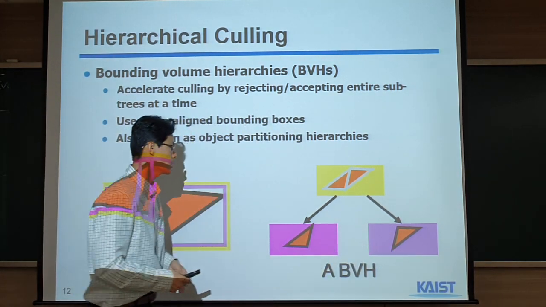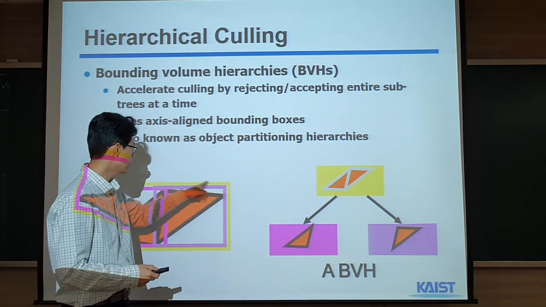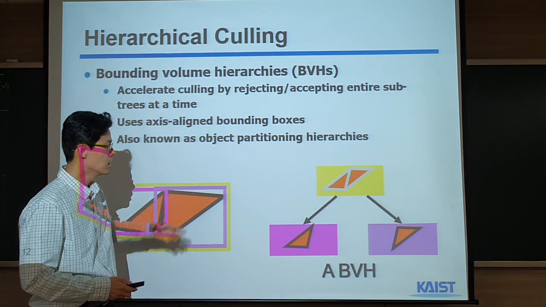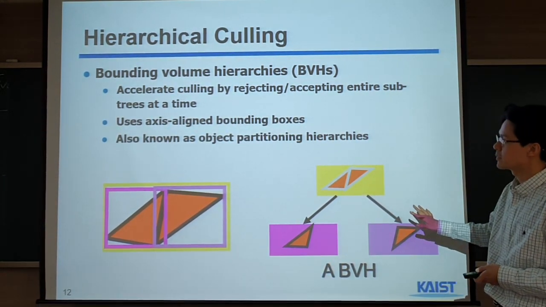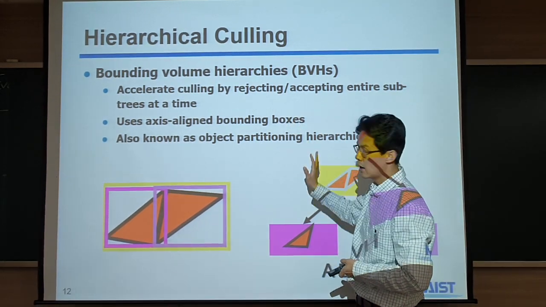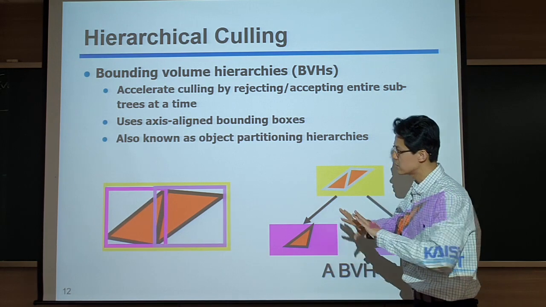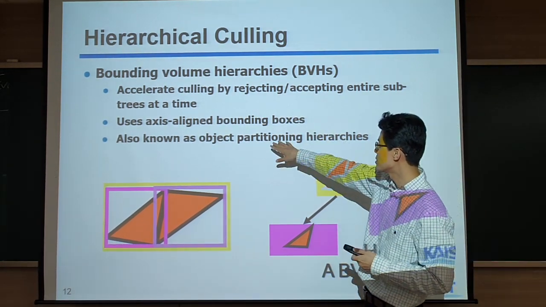Then we compute the bounding volume for the left one and for the right triangle. By doing that, we build this bounding volume hierarchy. Here I use axis-aligned bounding boxes. Also, when I partition, I partition the objects, the triangles. That's why the bounding volume hierarchy is also known as an object partitioning hierarchy.